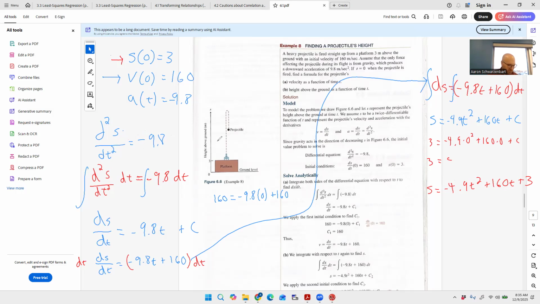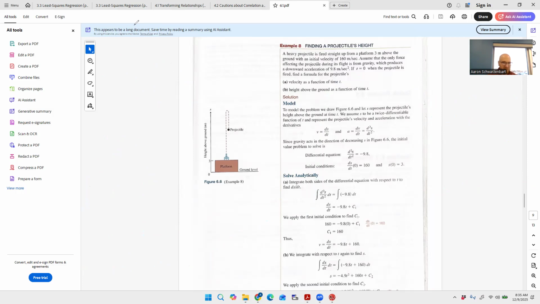We are going to do one more example, and I'm just going to do it on the side here. So, if you look at this, I need to separate x and y.